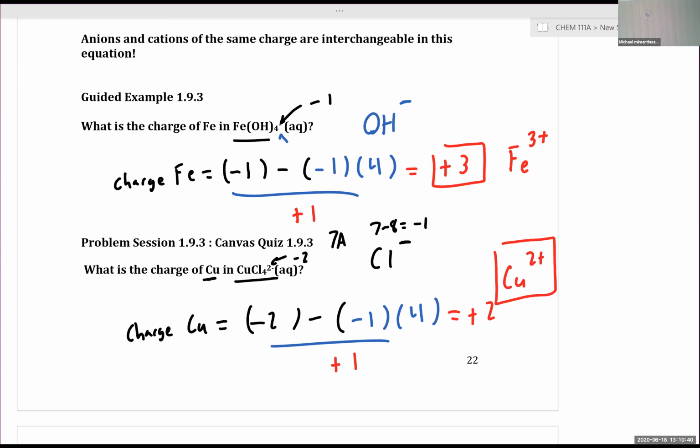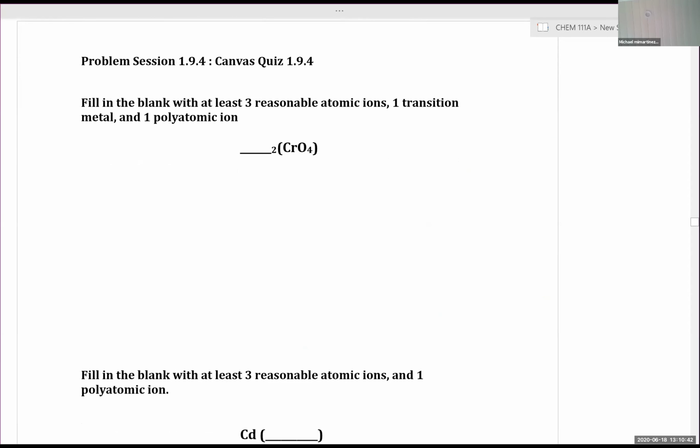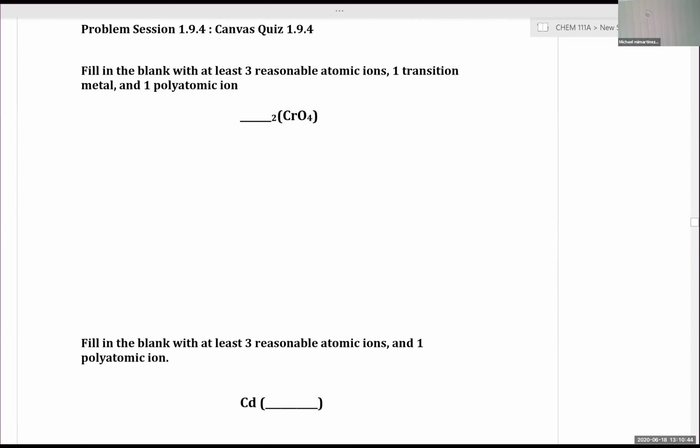If not, let's continue on and tackle the following set of problems. It's a fill-in-the-blank set of problems. So let's take about 5 to 6 minutes, and let's fill in the blank each of the following 2 fill-in-the-blank problems with 3 reasonable atomic ions, 1 polyatomic ion, and for the top question, 1 transition metal, given the formula that I provided.